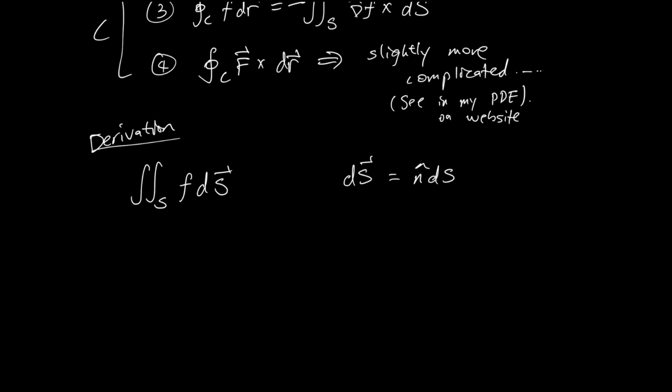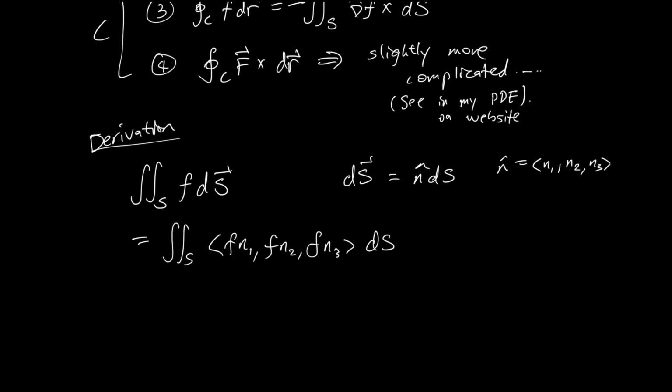And let's say that n has components n1, n2, and n3. Then we can rewrite this as fn1, fn2, where note that we are just simply multiplying f in front of the vectors. That makes sense because we're technically treating f as a scalar component. And we can write it as such.